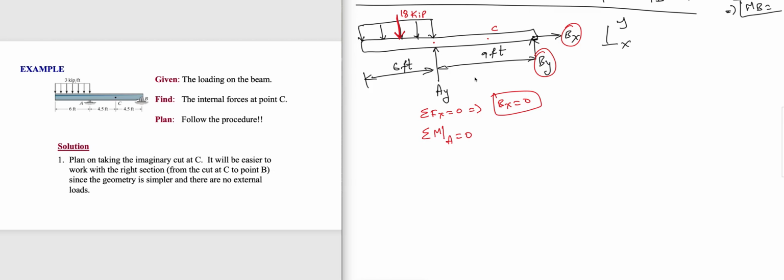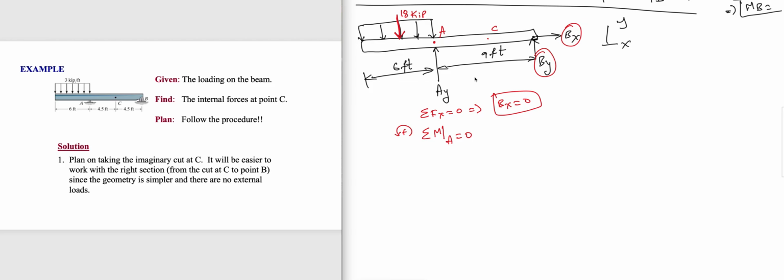Assuming counterclockwise is positive. The reason, if I take moments with respect to this point A, Ay will anyways go to 0. Ay times the distance is 0, so the contribution of Ay towards moment is 0. I'll be just left with By. I can directly calculate By. So one equation is enough for me to calculate By.